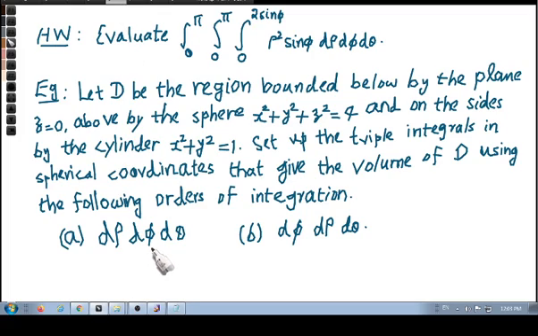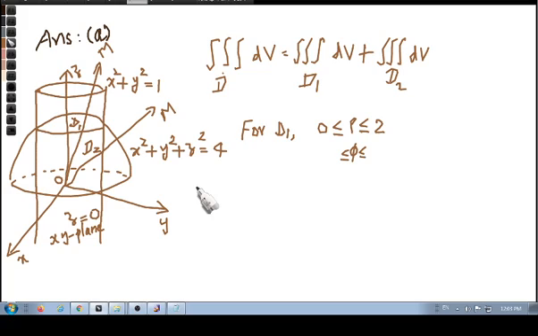So phi varies from where to where, that we have to determine. This is phi equal to 0, and phi can vary from 0 to this angle. So phi min is 0 and phi max is this angle.